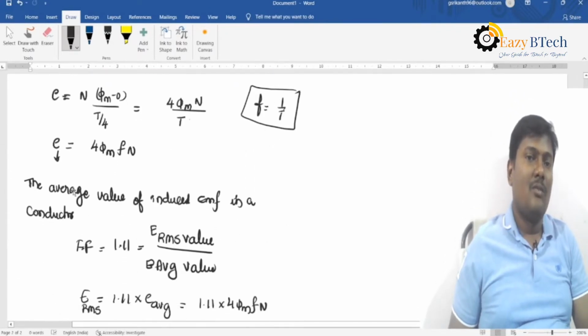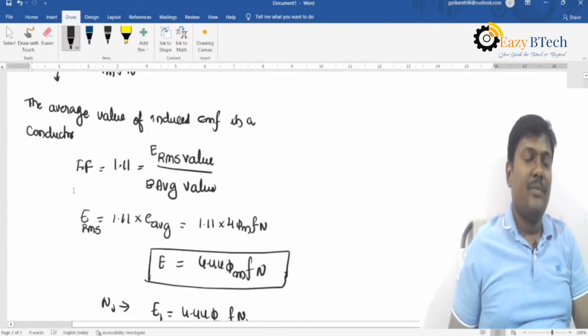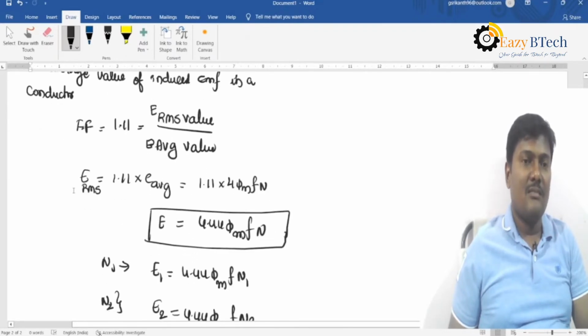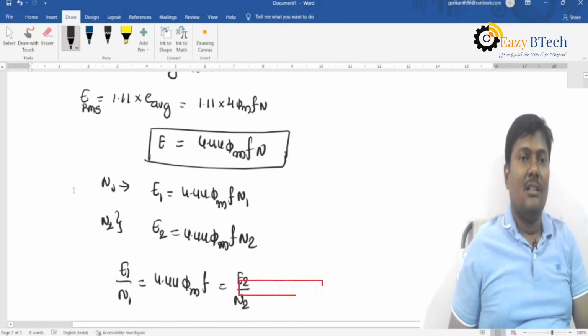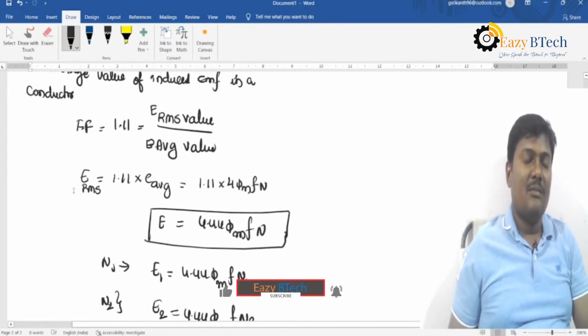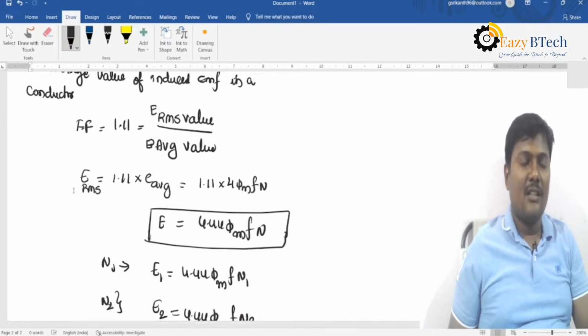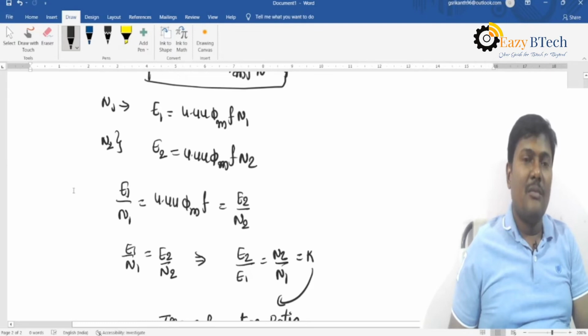Substitute the values. 1 by T is equal to frequency, and generally AC is measured in RMS value instead of average value. There is a relationship between the RMS value and the average value, that is the form factor. The value of form factor for sinusoidal is 1.11, and then you can find the EMF equation.